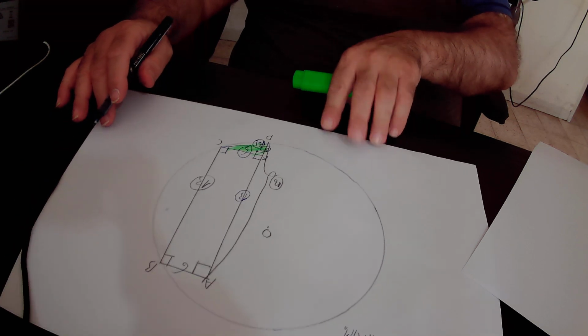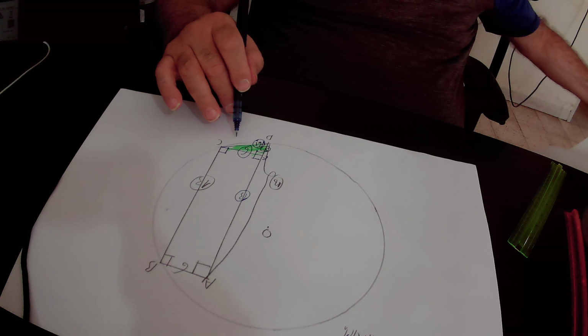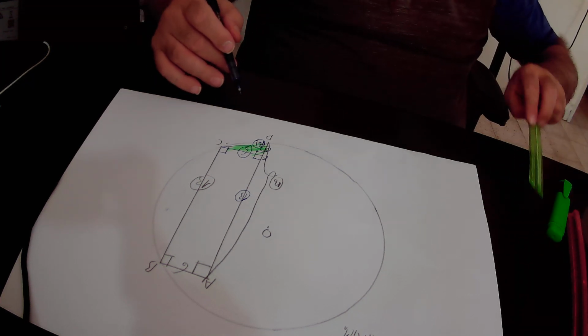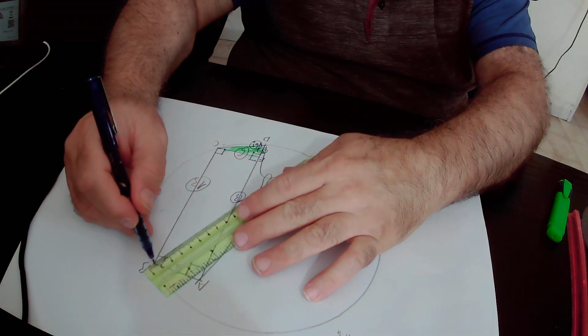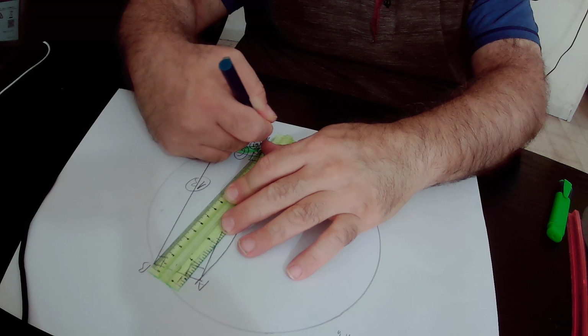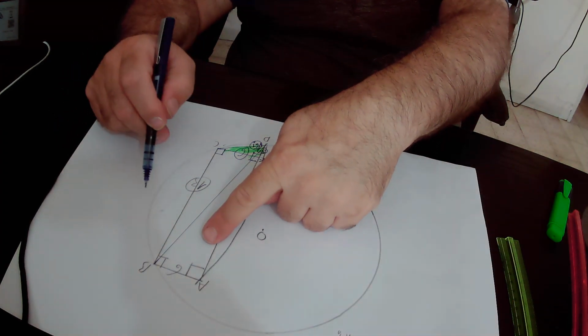In the next step, we will join points B and D together by a straight line. By joining points B and D, we created the right triangle ABD.